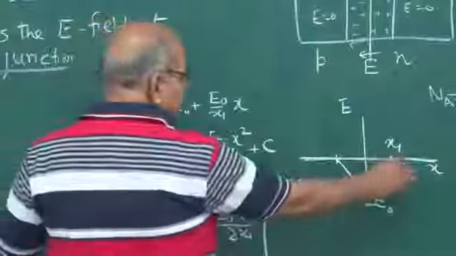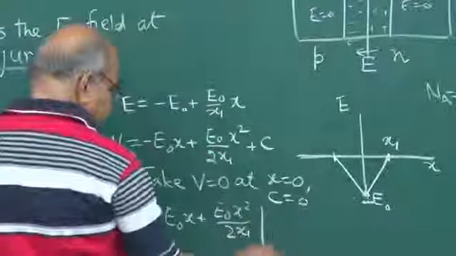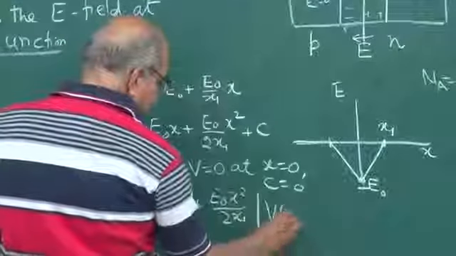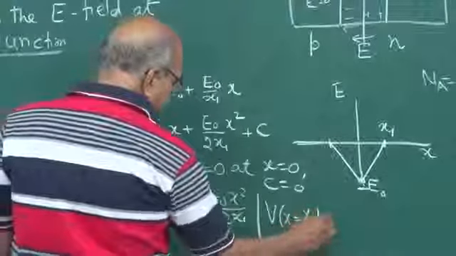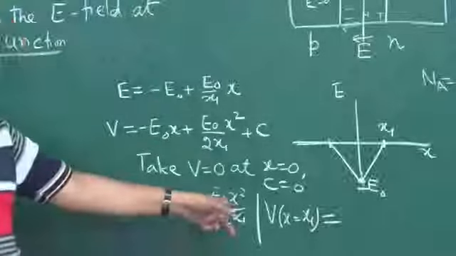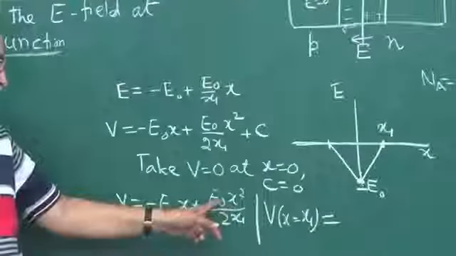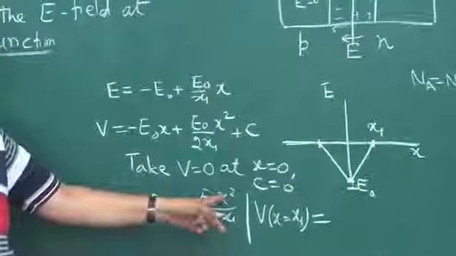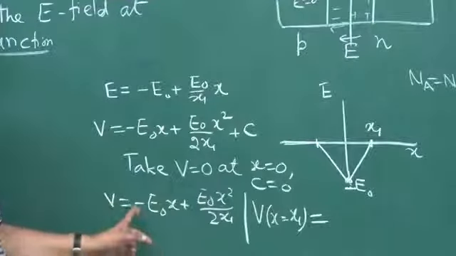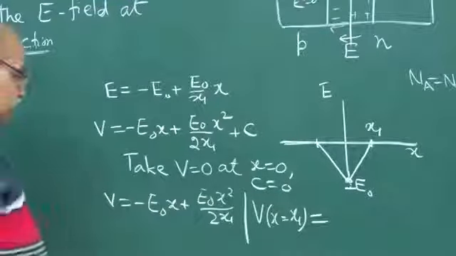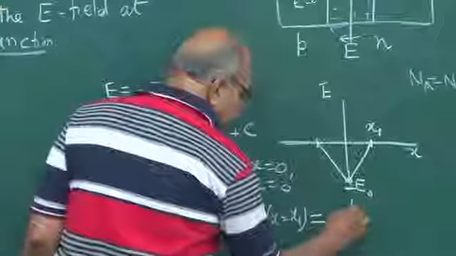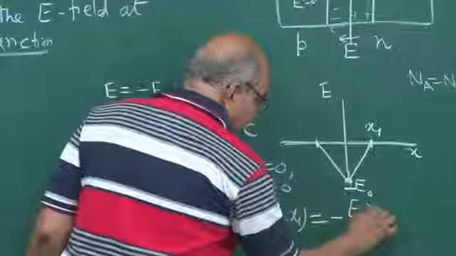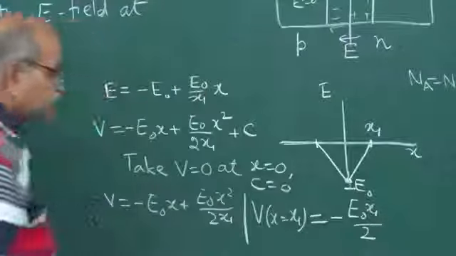The electric field is 0, so the potential will be constant. So V at x equal to x1 is E naught x1 by 2 minus E naught x1, so it is minus E naught x1 by 2. That's the potential.